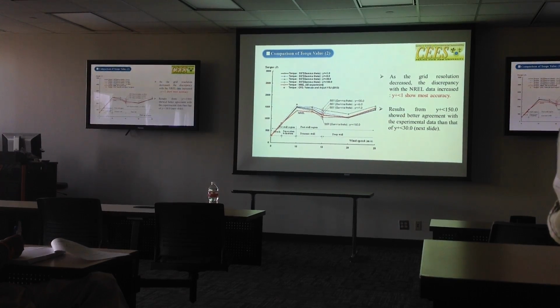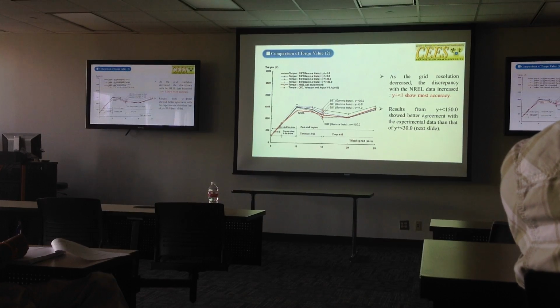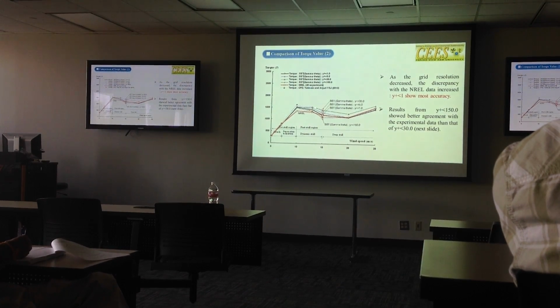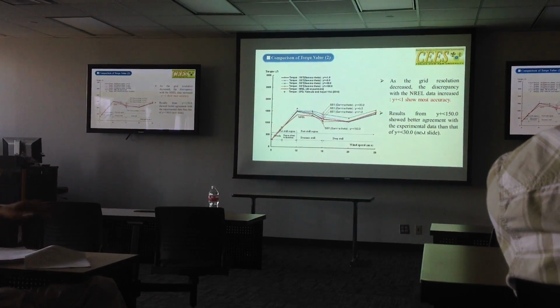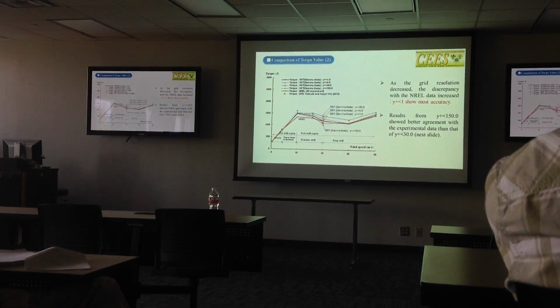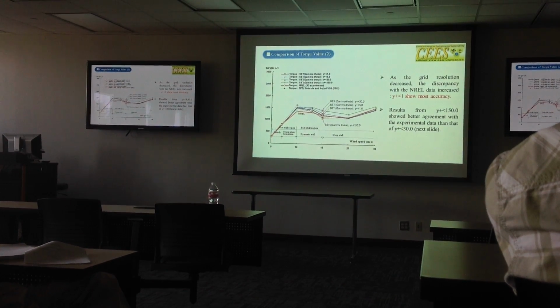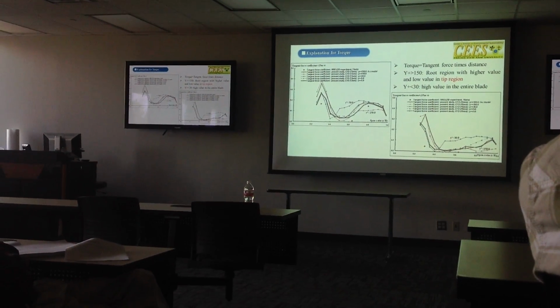And another point is the Y plus less than 150 case showed better agreement with the experimental data than the Y plus less than 30 case. You can see this is 150, this is 30. This comes from these two points.